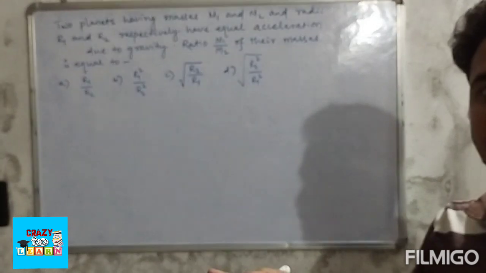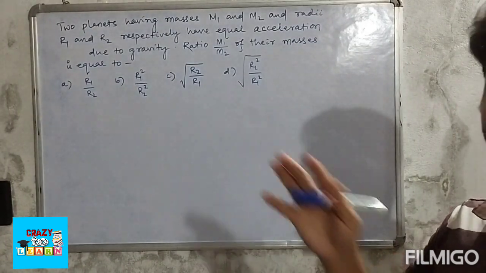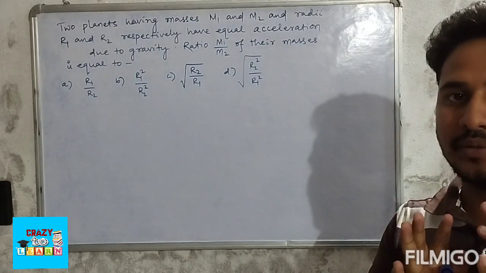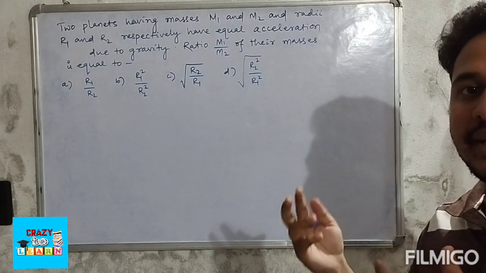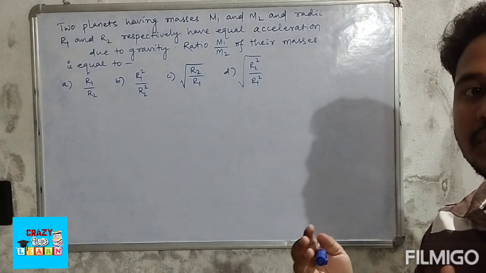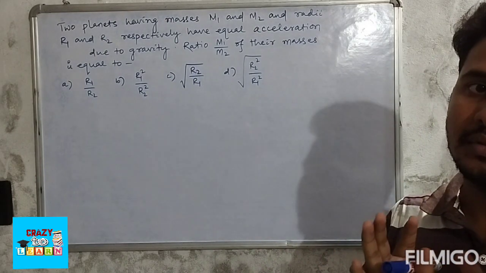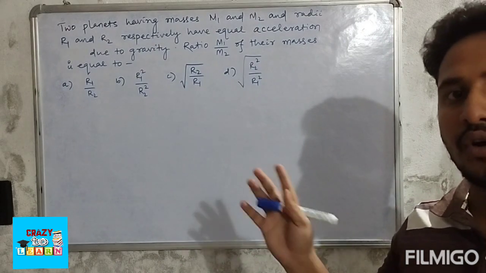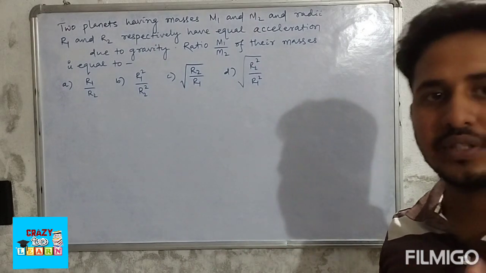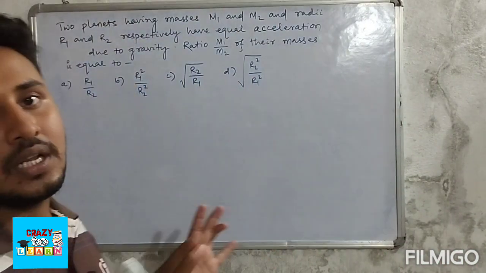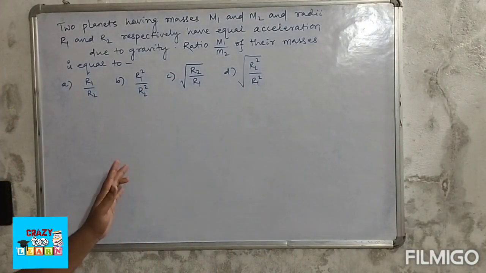The previous two problems and this problem, all three are very similar and based on a single concept, but I am taking this type of similar questions so that you will have a clear concept about the topic. When you solve different types of questions, you will get a clear idea. So in a similar way we will proceed to solve this question.